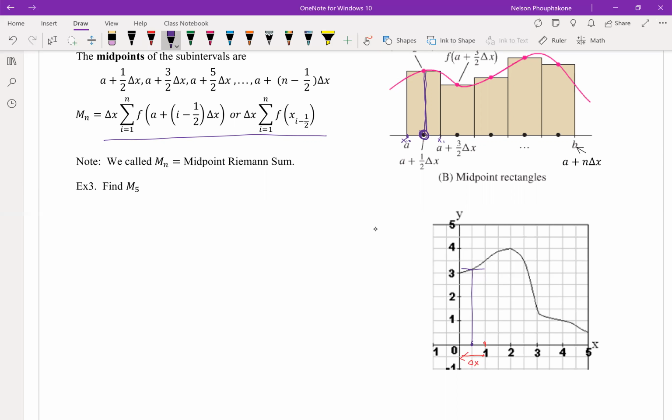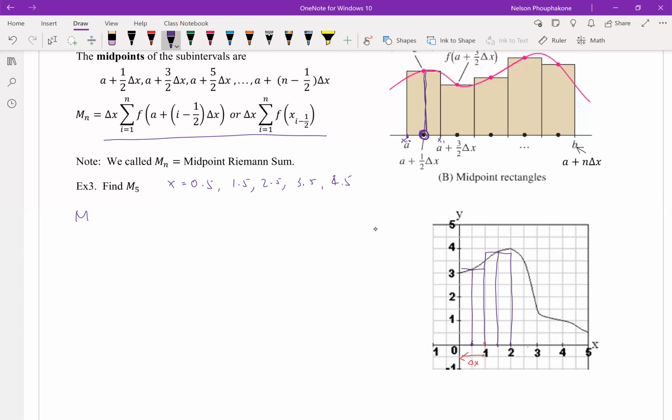The next one will be 1.5. So maybe I should say that the x values that we are going to work with are 0.5, 1.5, 2.5, 3.5, and 4.5, to help us work with the midpoint Riemann sum.